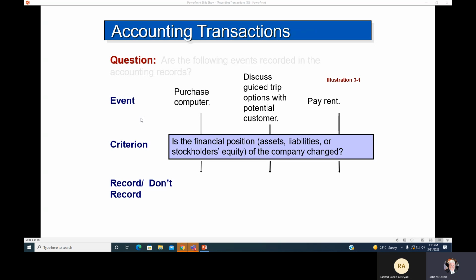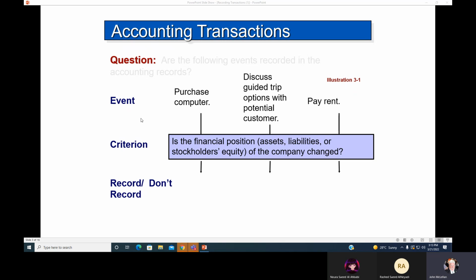Has there been an exchange here of assets, liabilities, equity? I see you shaking your head, so I gather you say no. You're right. That is not a transaction. It does not affect the assets, liabilities, and equity of the company.